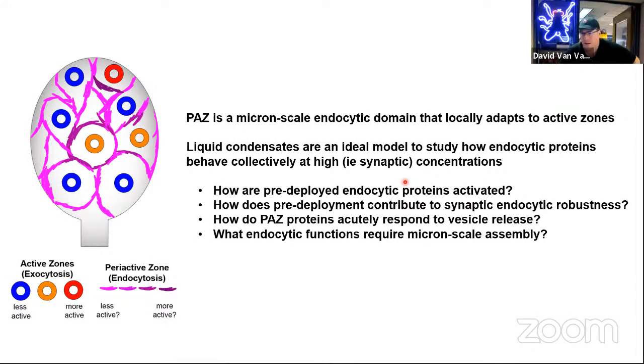Just to ask a complementary question, Stephen, the periactive zone is clearly a complex meshwork of proteins. So if you could ask, does FRAP recovery happen more quickly around the larger BRP puncta?